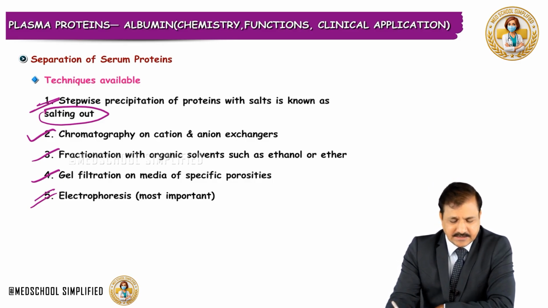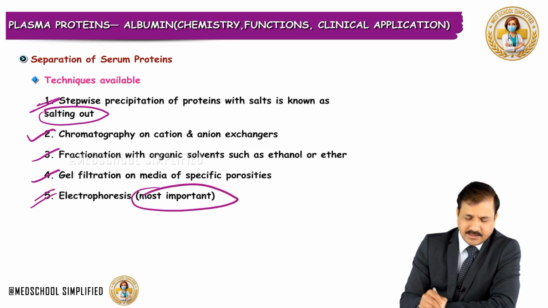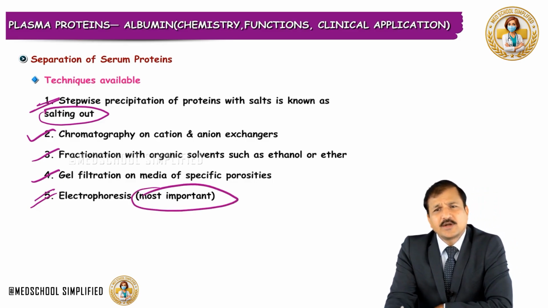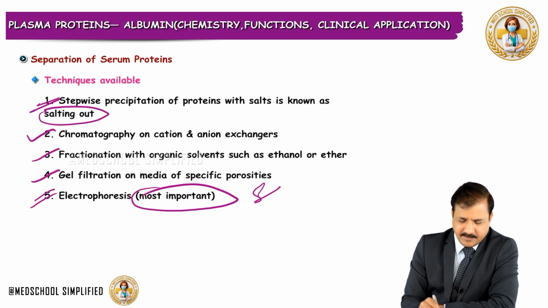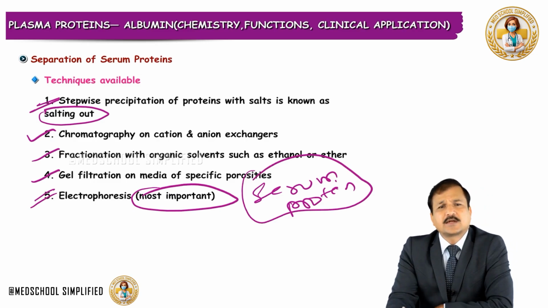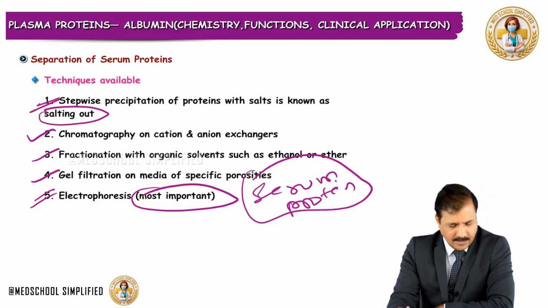Out of all these, one of the important separation techniques, especially to separate serum proteins, is electrophoresis. Serum protein separation can be done effectively by using the electrophoretic technique.